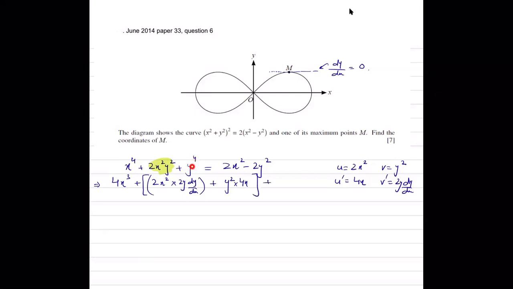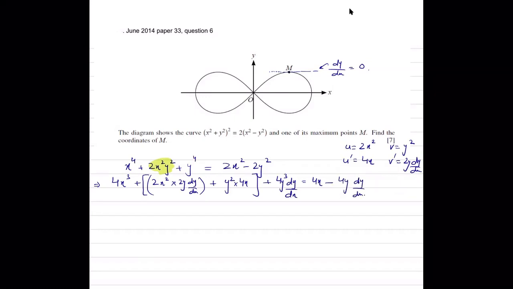Differentiation of y to the power of 4 is going to be 4y cube dy by dx equals to differentiation of 2x square, which is 4x, minus 2y square. Differentiation is going to be minus 4y dy by dx.